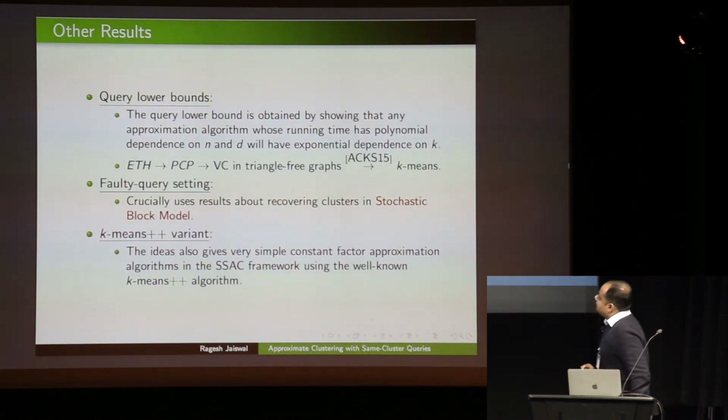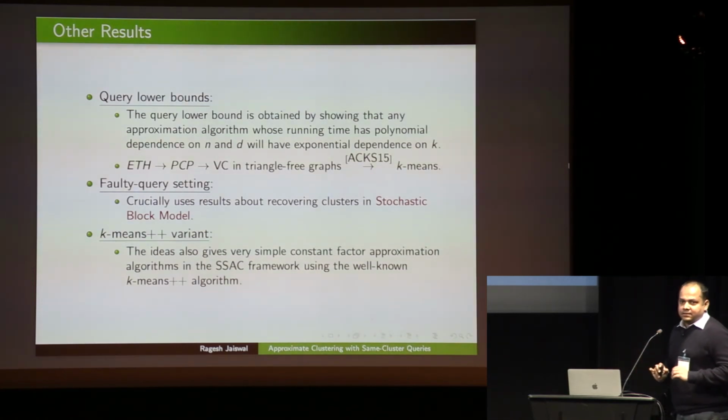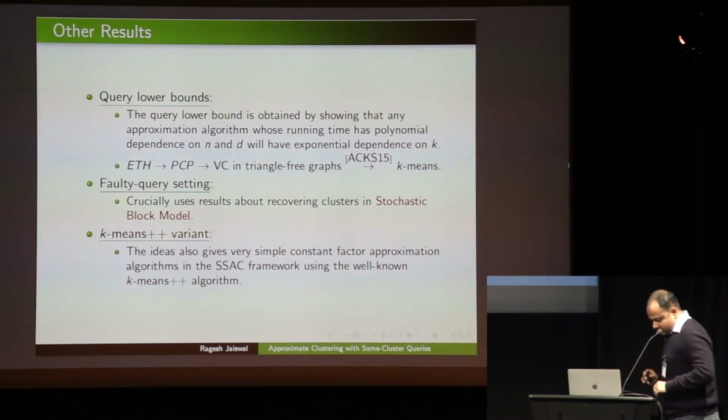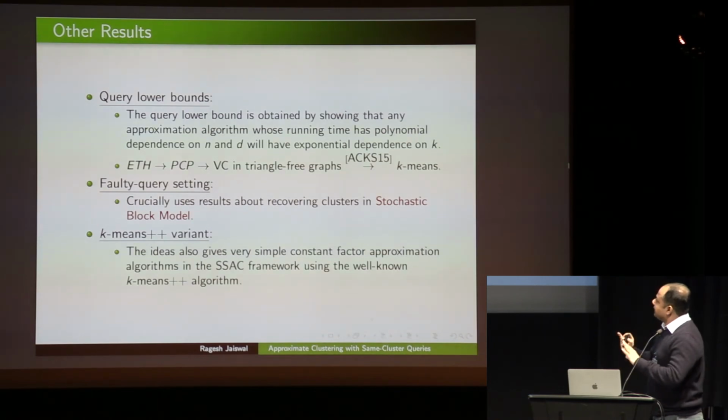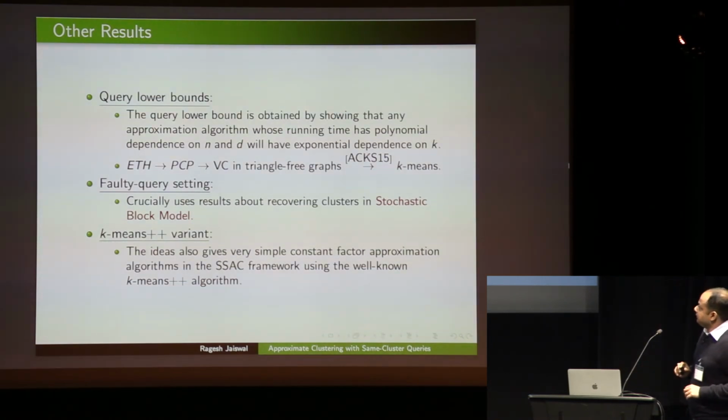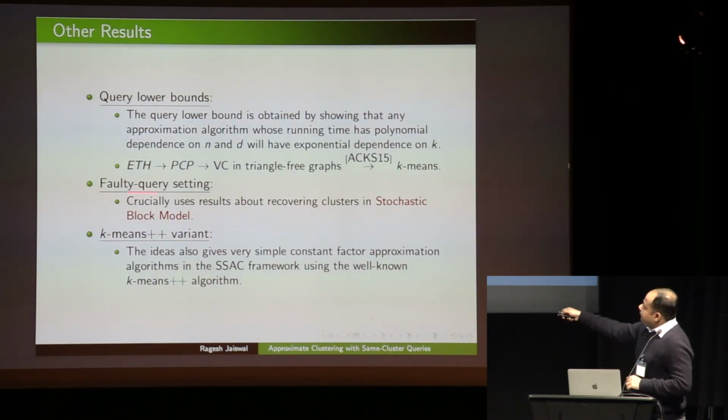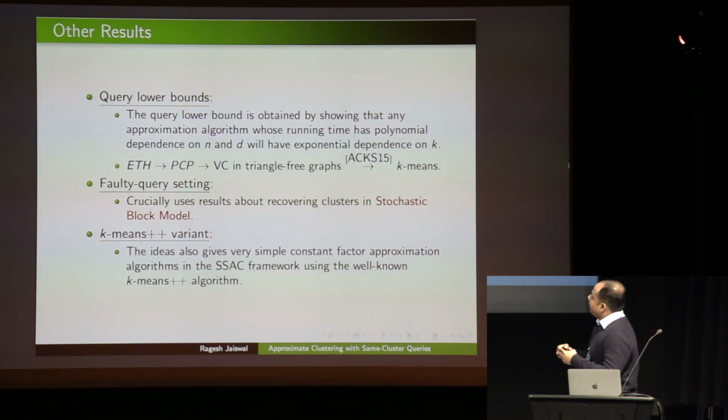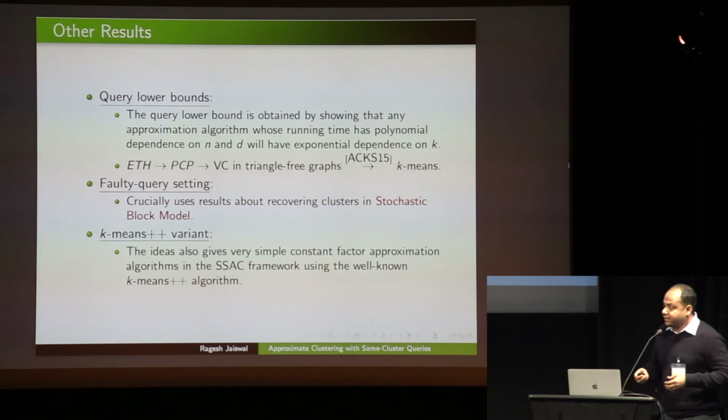It's something standard. There's no complication going on as far as these reductions are concerned. As far as the faulty queries setting is concerned, we crucially use results about recovering clusters in the stochastic block model. What that basically means is that our techniques gel well with the techniques for recovering clusters in the stochastic block model, SBM.